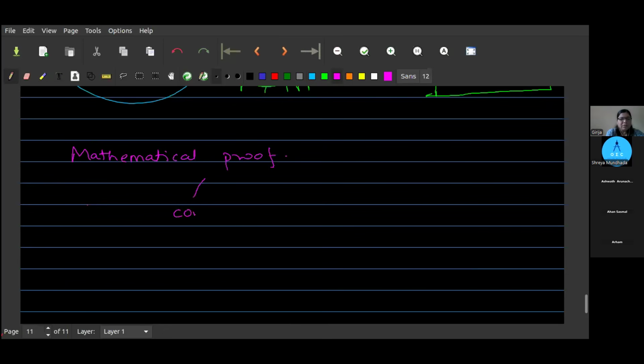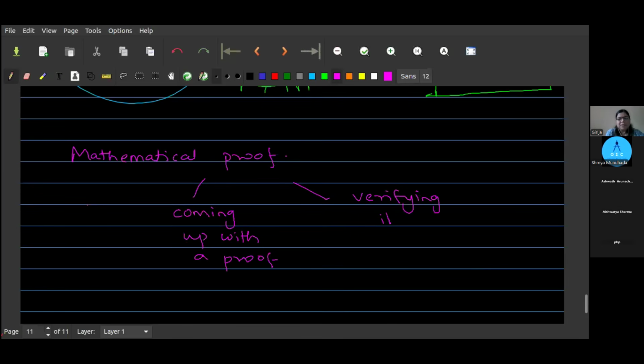Coming up with a proof yourself versus verifying a proof that somebody has already done, maybe some mathematician like Pythagoras, or your friend. Now you are just verifying it.